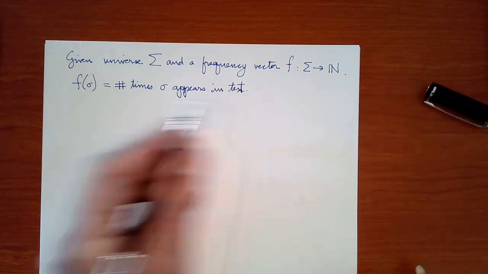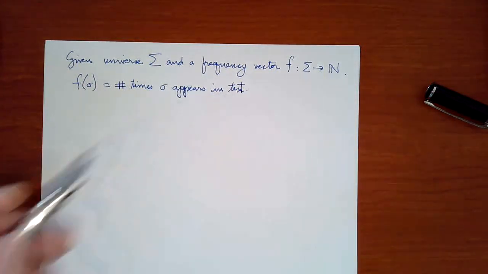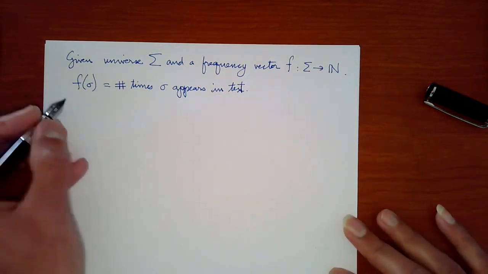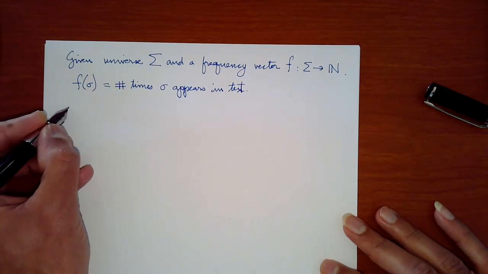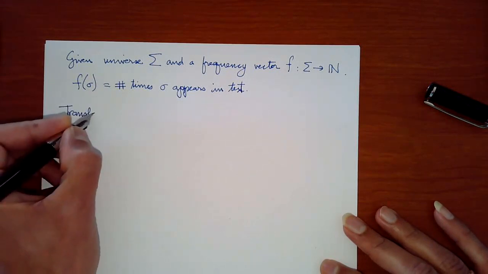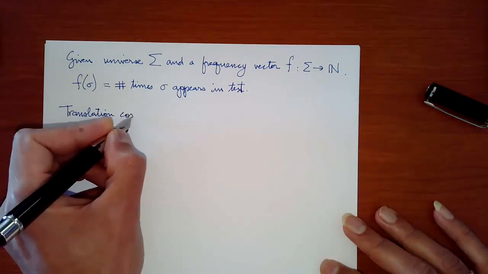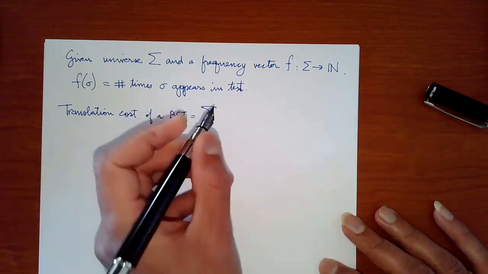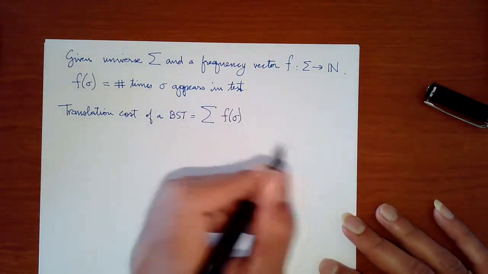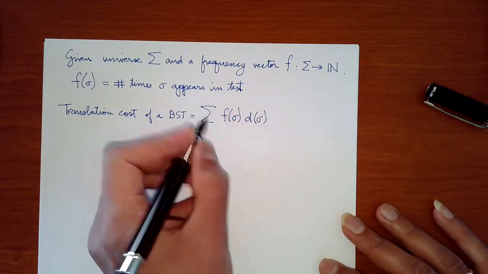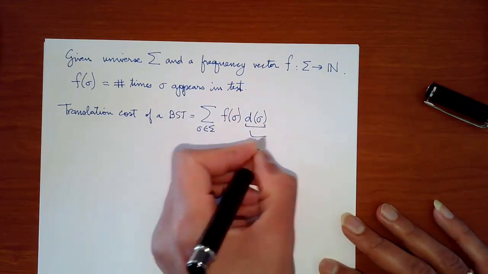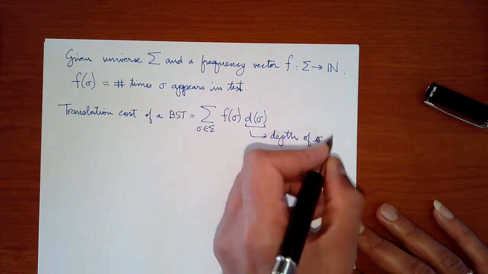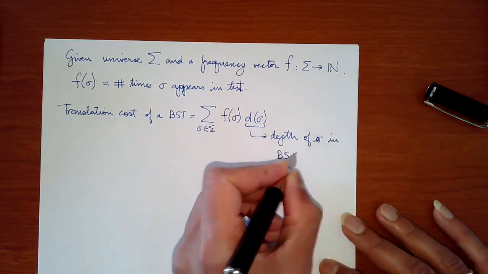You could compute this explicitly, or maybe this is given by historical information or whatever. Given this information, the translation cost of a binary search tree is equal to the summation of the frequency of sigma times the depth of sigma, where this is the depth of sigma in the binary search tree.